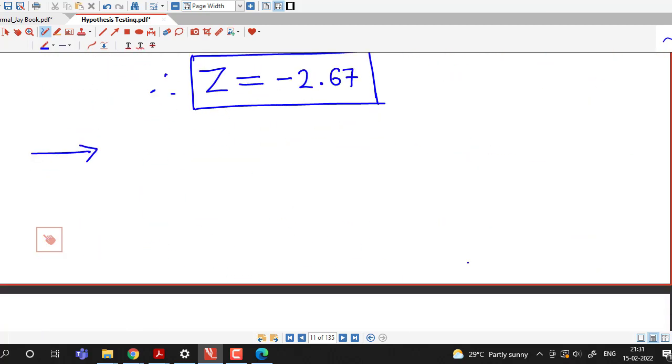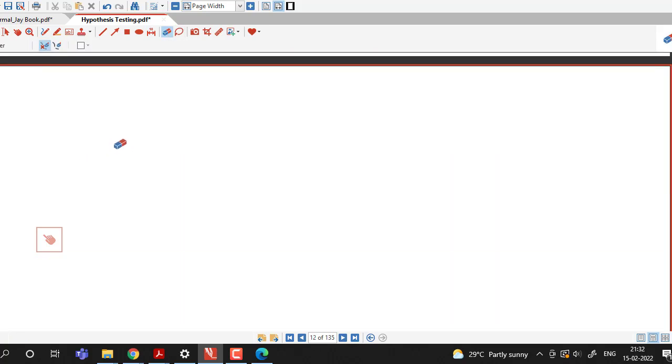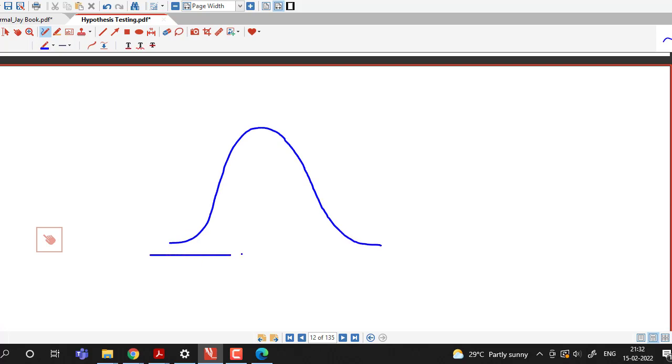If we recall that this Z statistic is a standard normal random variable, its graph is a bell-shaped curve. We can roughly sketch this graph, which is always a bell-shaped curve, and at the center we have 0 somewhere here, and suppose this is alpha.